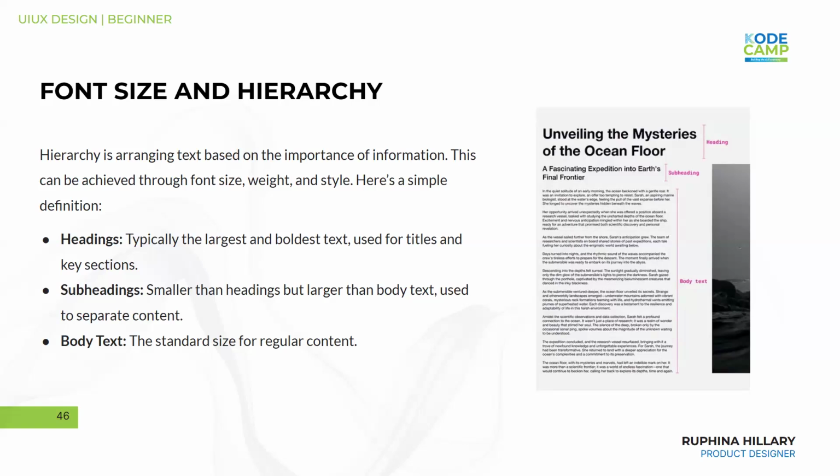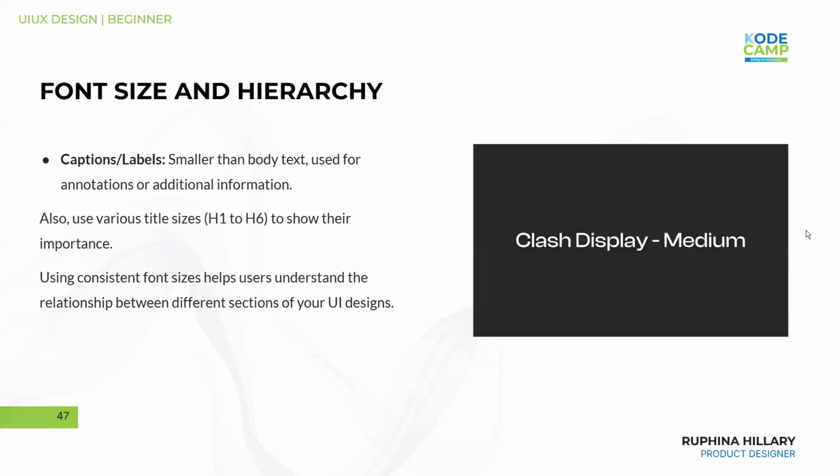UI UX design is a bit like mathematics because at some point you have to use your calculator, right? So now I've specified my headings to be 64 pixels. My subheadings, I can say 32 pixels. My body text, 16 pixels. Then my caption or labels, 10 pixels.